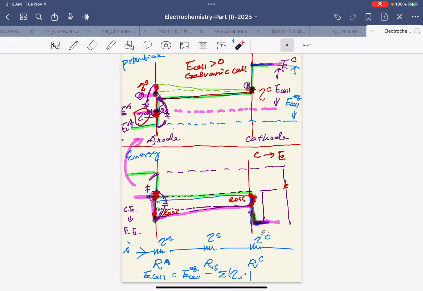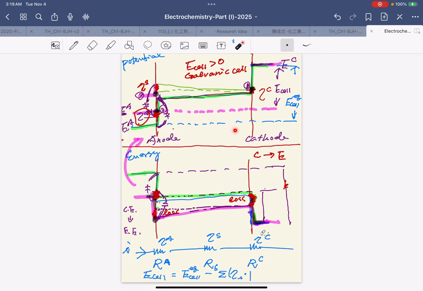So in the common cell, the E cell should be lower than this value. Okay? So lower than this equivalent potential. But the energy is always larger than this side.